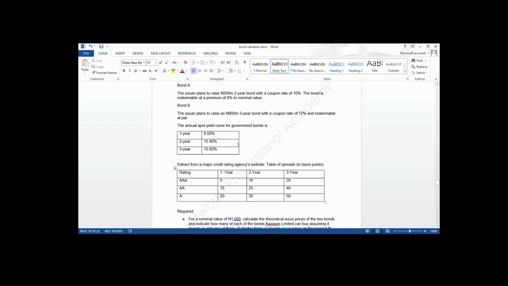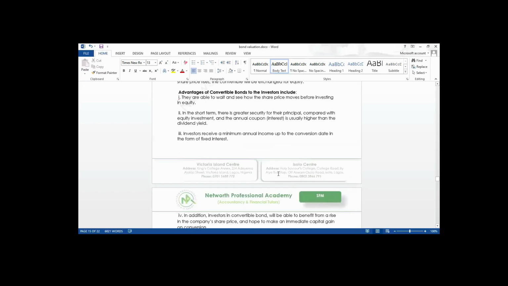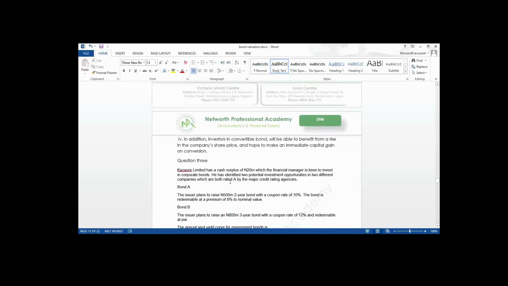But in this particular question, you are to value corporate bond. Look at it. The financial manager is keen to invest in corporate bond. Bond A and bond B, they are corporate bond.